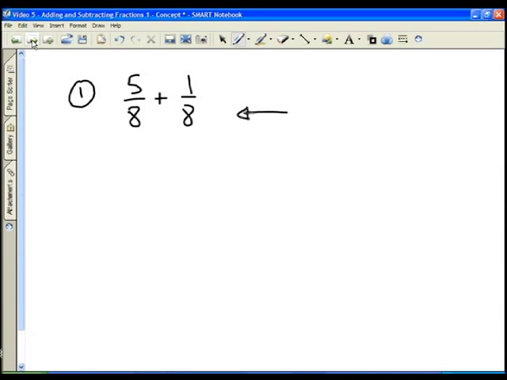And indeed, we do here have a common denominator. So we rewrite that common denominator, and then we combine the numerators with the operation, in this case addition, that's between the numbers. So we have 5 plus 1 all over 8, or 6/8.